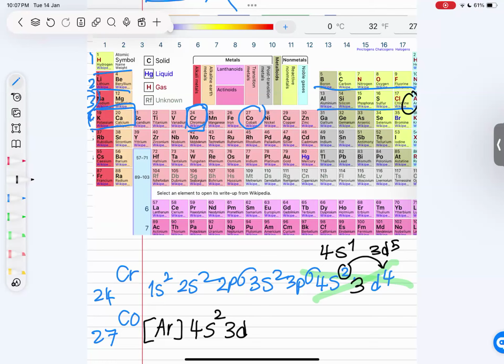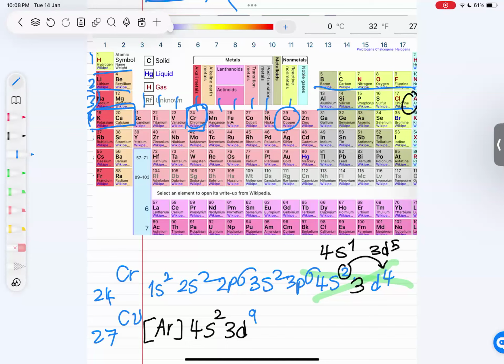For cobalt, 1 2 3 4 5 6 7, 3d7. No, so it's not cobalt. It's copper. I'm just sleepy, sorry, it became very late. The exceptions are chromium and copper. So it is 3D, 1 2 3 4 5 6 7 8 9.